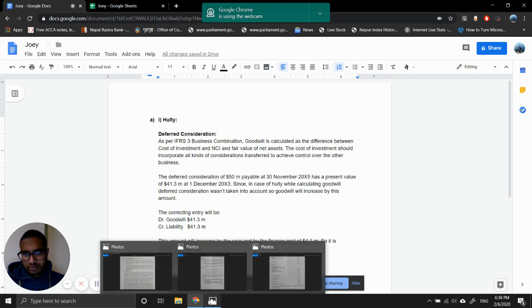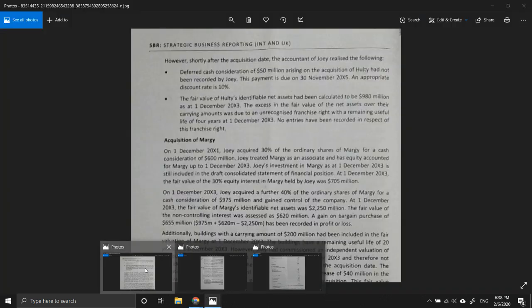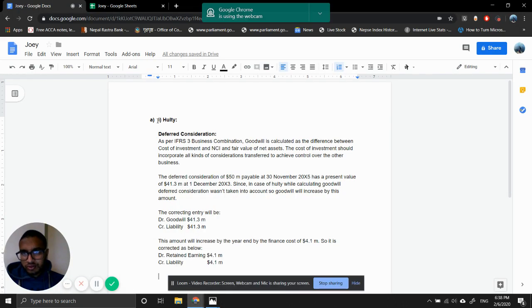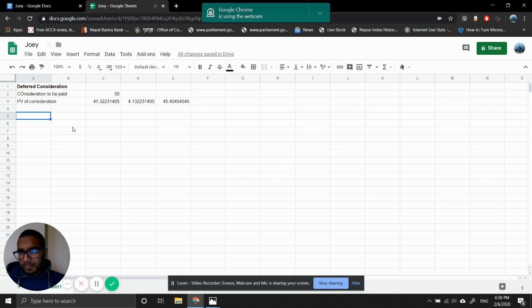So once this has been settled, what do we need to do for the case of net assets, right? So let's do it for net assets as well. Calculation of net assets at acquisition at reporting, right?